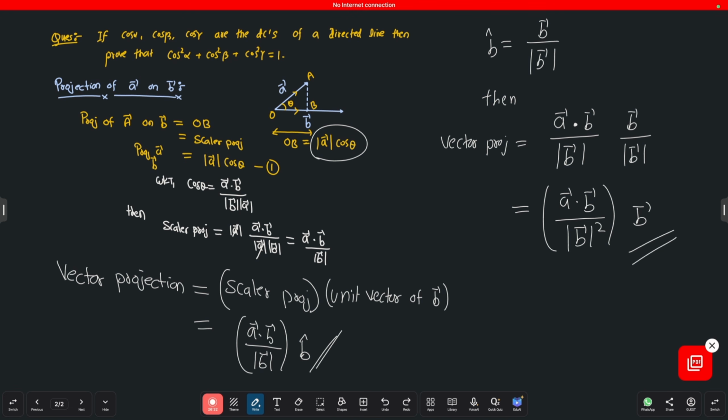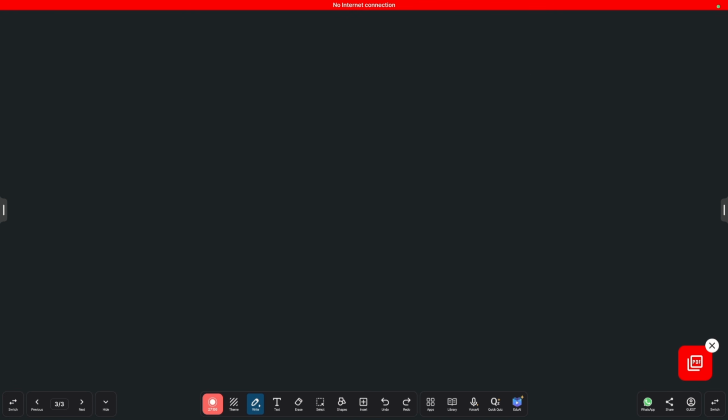If theta is an obtuse angle, more than 90 degrees, then cos theta is always negative. If theta is acute, less than 90, suppose cos 60 is 1 by 2, then scalar projection is positive. Scalar projection 0 is also possible: if theta is 90, then scalar projection is 0. It means there is no shadow, and both vectors are perpendicular. Next point. Scalar projection you can write as a remark.